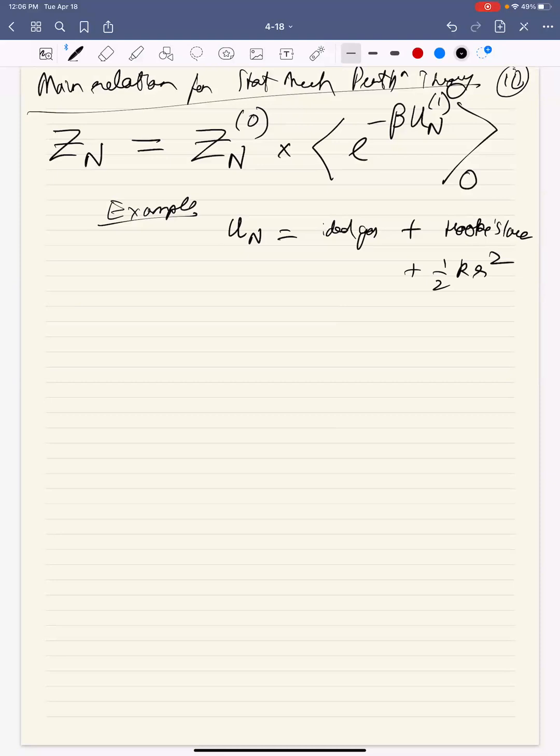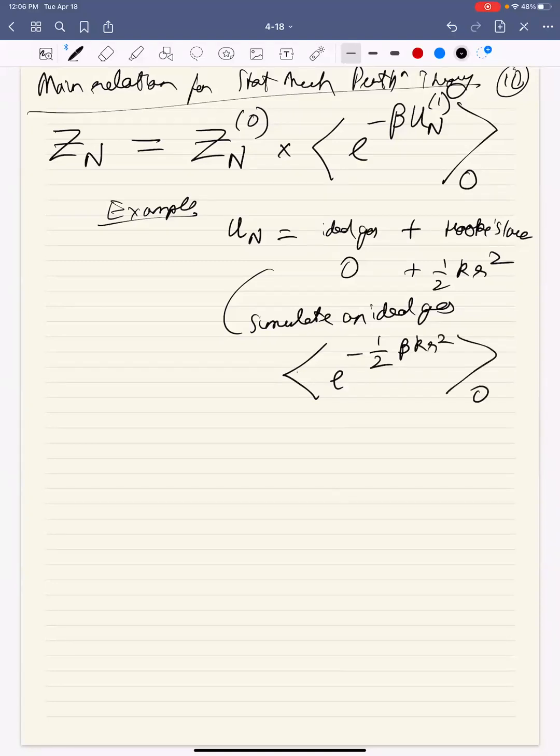So don't grill me on the math. So ideal gas, which is 0, plus half k r square. So in order to calculate this, I will simulate an ideal gas or study an ideal gas or do the math for an ideal gas. And I will calculate the average of e to the power minus half beta k r square in that ideal gas.